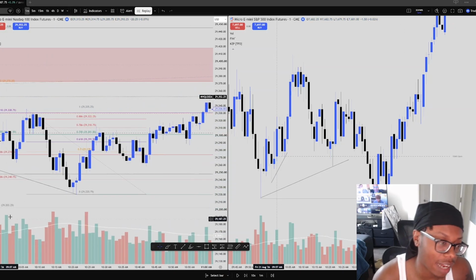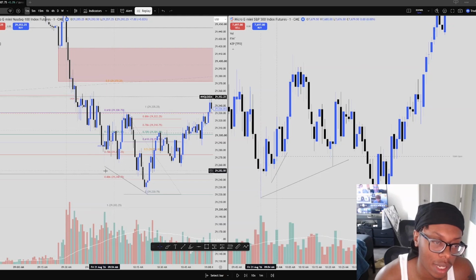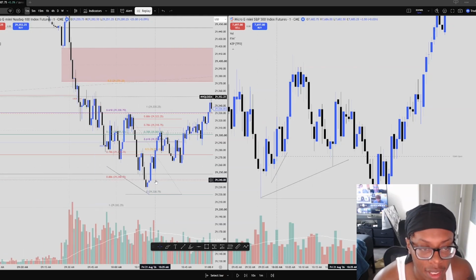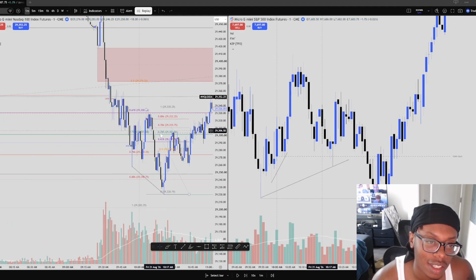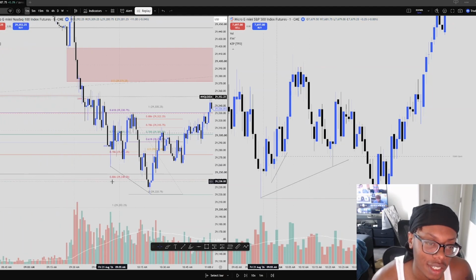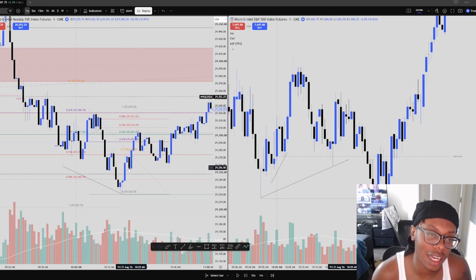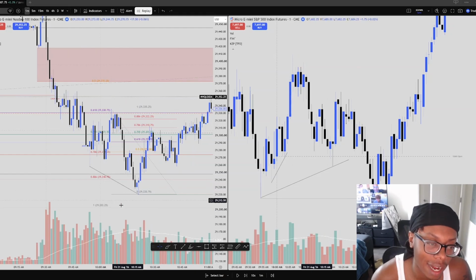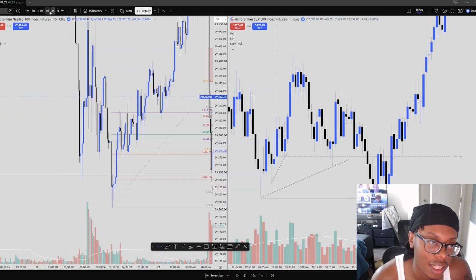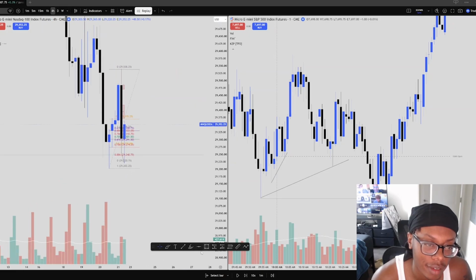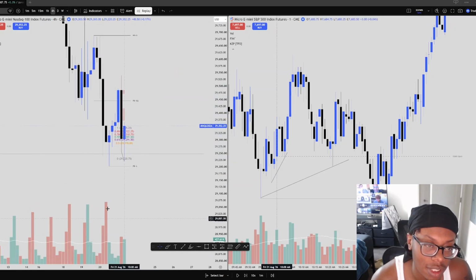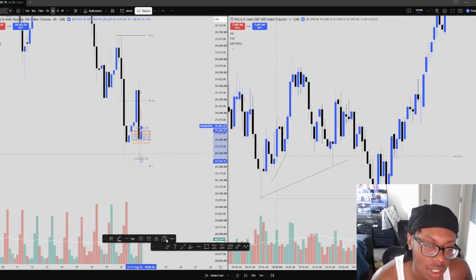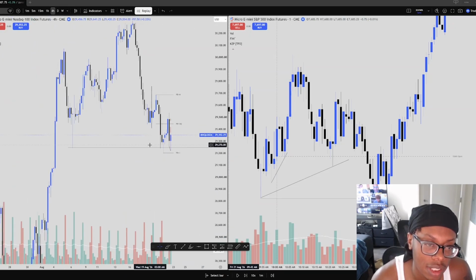I believe if we didn't have this SMT, it probably would have been a better, higher probability setup. But the fact that SMT was there, we've been dumping a lot, and still never had that pullback. And this is a high resistance liquidity down here at this point where it previously bounced off of. It was just a lower probability setup.